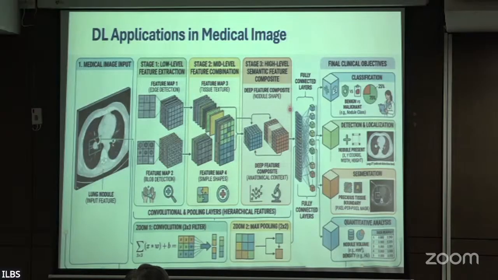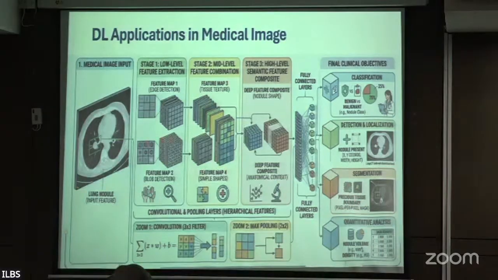And then all features go into the fully connected layer, where the weights and biases are adjusted and the features are ultimately mapped for the classification or detection or segmentation task. So this is the whole pipeline of a CNN analysis. Input is only image. That is the beauty of it, but we don't know what is going on inside.